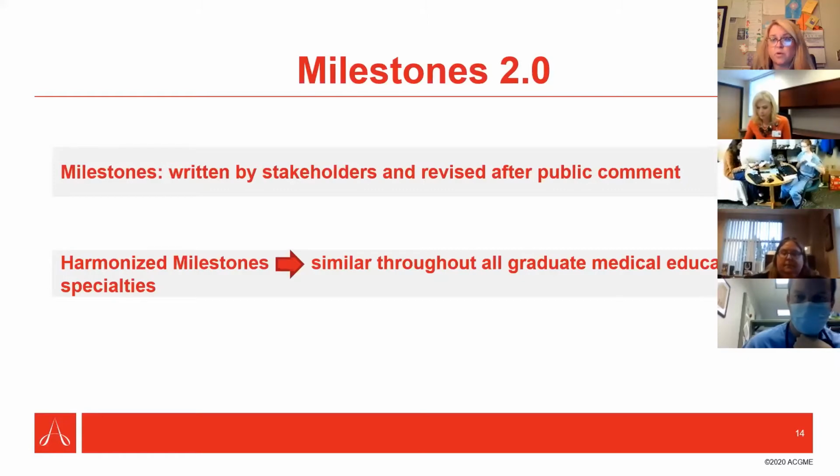They just went through and refined them. They made some sections the same through all residencies so that a physician could be compared the same, whether they're in ENT or in family medicine or in emergency medicine, in certain ones of these competencies. And then, of course, many of them are specialty specific. So.